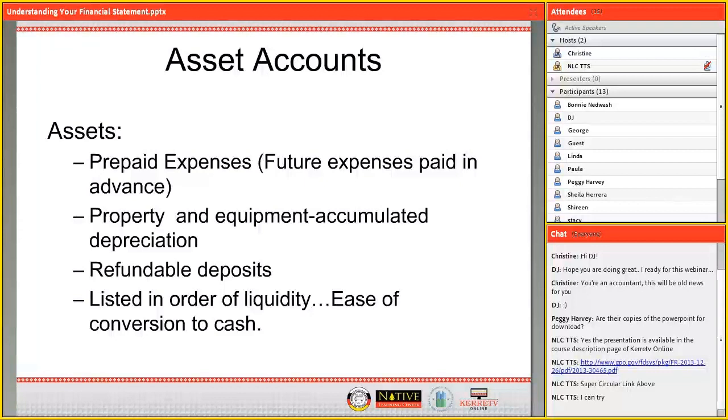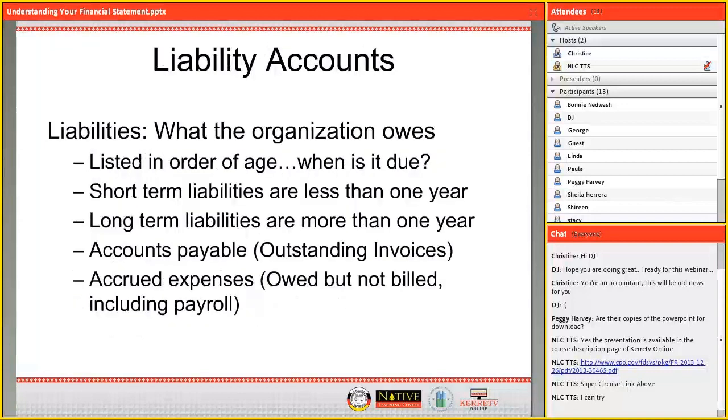Prepaid expenses, again, you pay your insurance, what, twice a year, once a year, but it's for an extended period. So that's why it's prepaid. You've already paid for it, you just haven't used it yet. Property and equipment, refundable deposits, always listed in order of liquidity, which is based on your ease of conversion to cash.